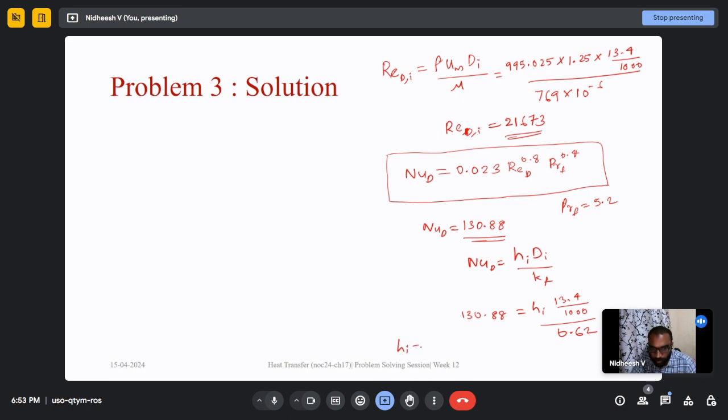HI equal to 6055.6 watts per meter square Kelvin.